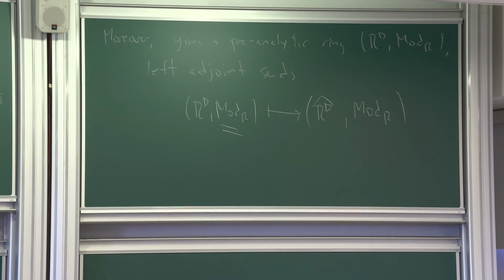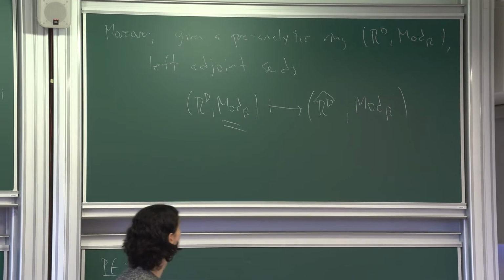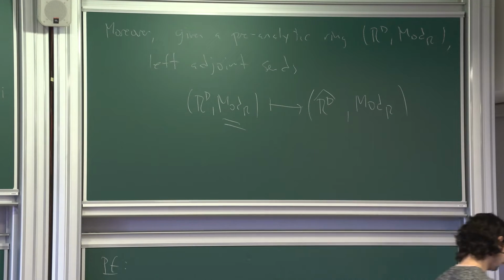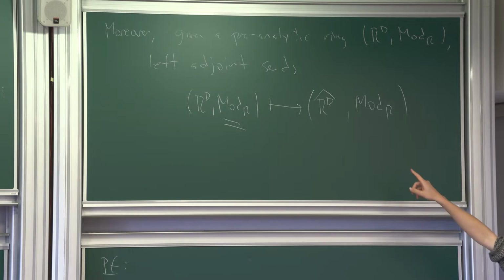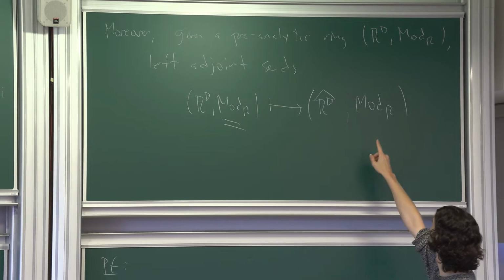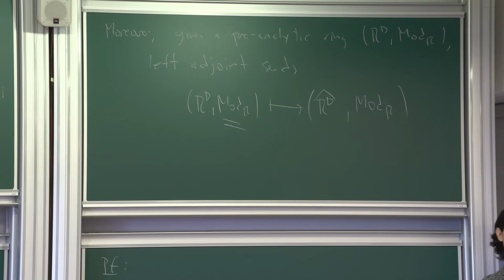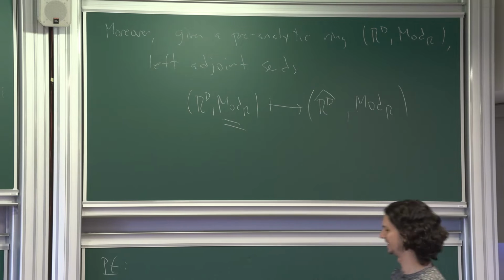So let me give the proof. First we need to make sure that this is of the appropriate type. I need to explain how mod R is actually a full subcategory of mod R triangle hat in order for this to parse as a claim.